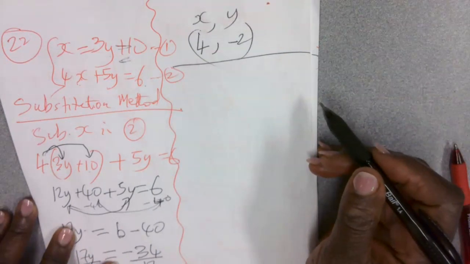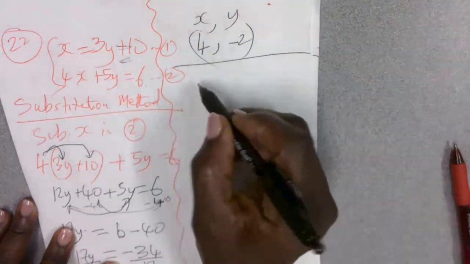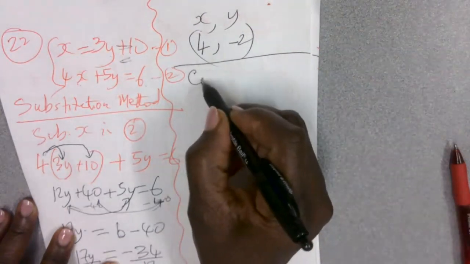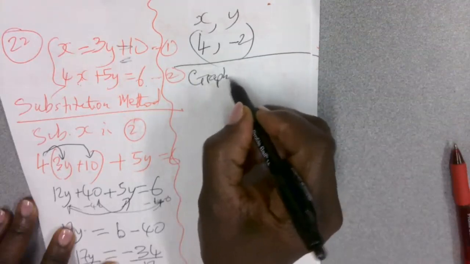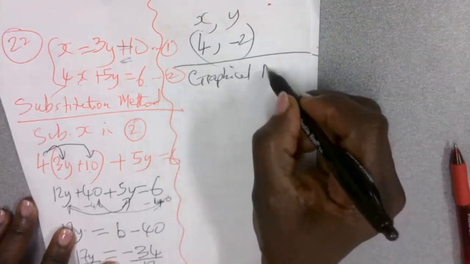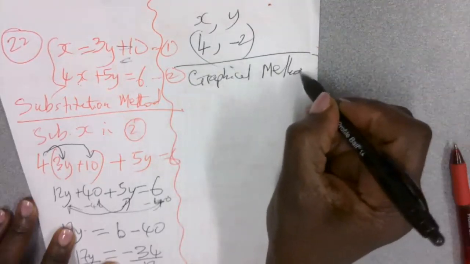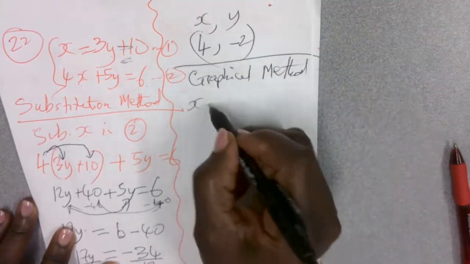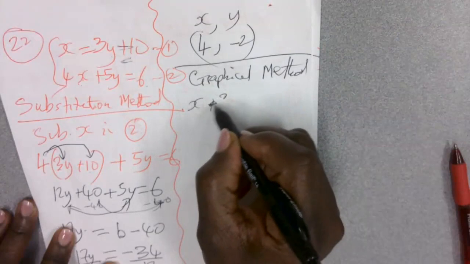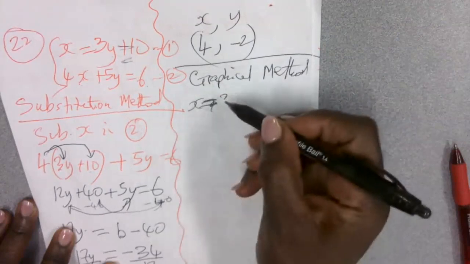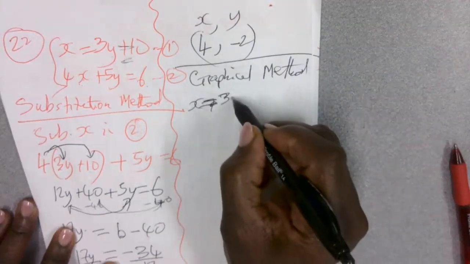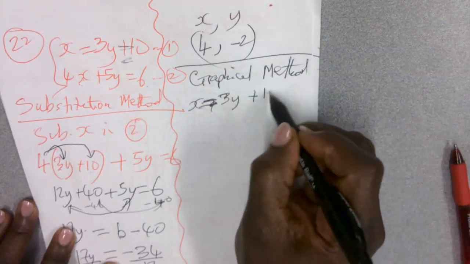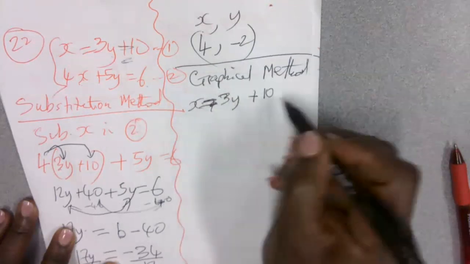Anytime we are solving by graphical method, we have to isolate y on one side. So let me write equation 1 again. Graphical method. So I'm writing the equation again. x is equal to 3y plus 10.